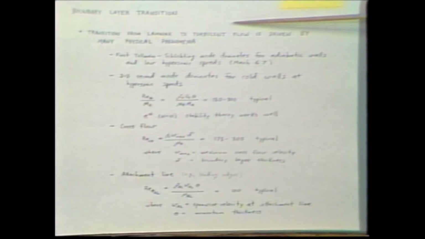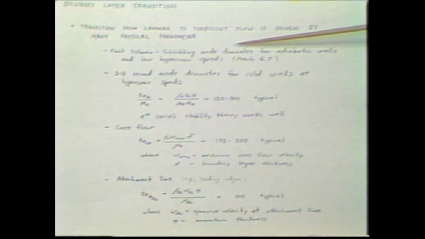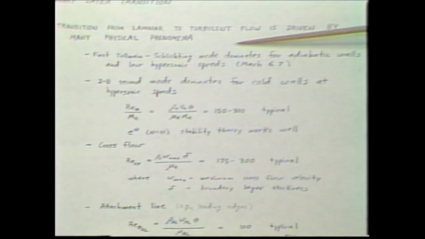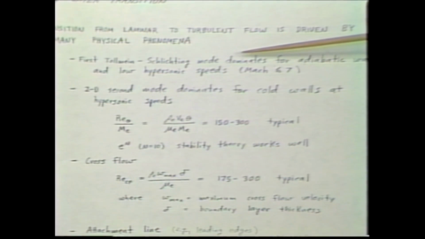Okay. Touch on boundary layer transition a little bit. Transition from laminar to turbulent flow is driven by a number of physical phenomena. One is just basic flat plate phenomena, Tollmien-Schlichting modes, disturbances that become amplified and eventually go nonlinear and transition the flow to turbulent.